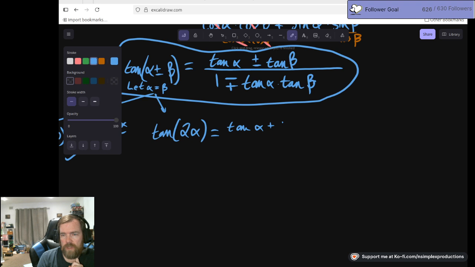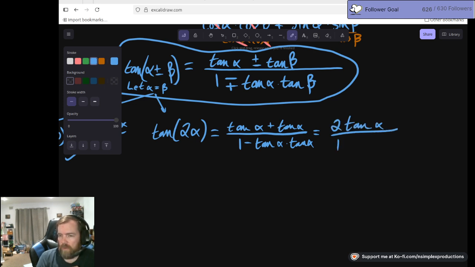So tangent of alpha plus tangent of alpha, so those are going to combine, divided by 1 minus tangent alpha times tangent alpha, which again, we end up with a 2 tangent alpha up top and a 1 minus tangent squared alpha down bottom.